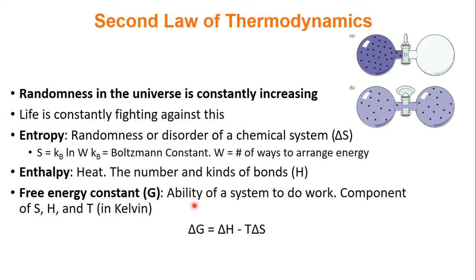And we have delta G equals delta H minus T delta S, where T is temperature in Kelvin. So this is a very important equation in all fields of chemistry, especially biochemistry. We talk about delta Gs a lot. Maybe not so much in Biochem 1, but Biochem 2, we talk nothing but delta G.